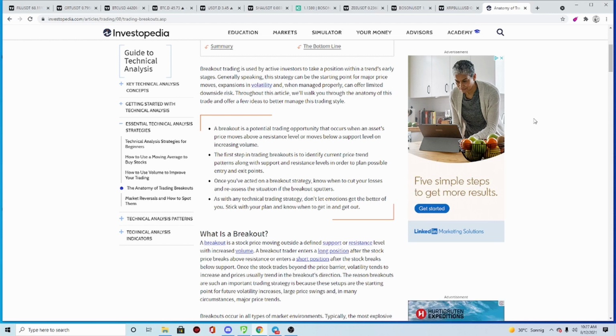Now, a breakout is a potential trading opportunity that occurs when an asset's price moves above a resistance level or moves below a support line on increasing volume. The first step in trading breakouts is to identify current price trend patterns along with support and resistance levels in order to plan possible entry and exit points.